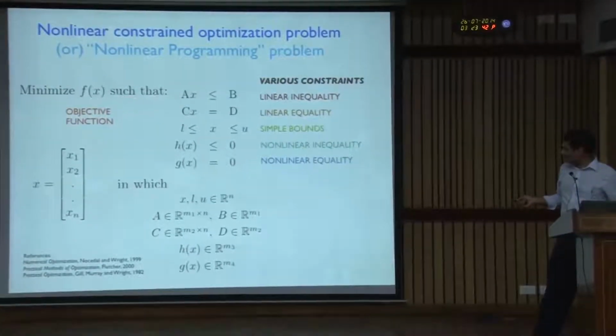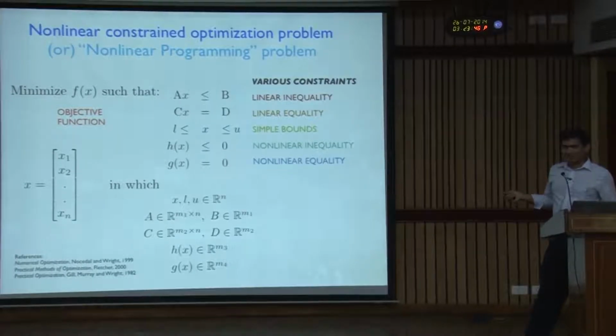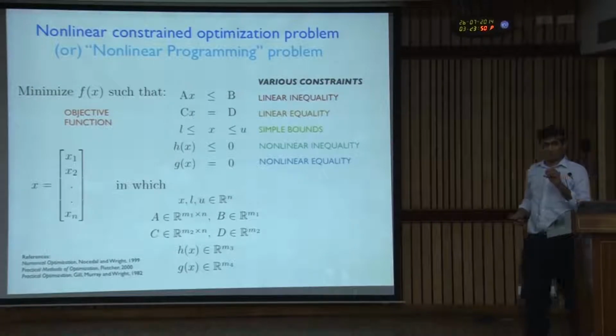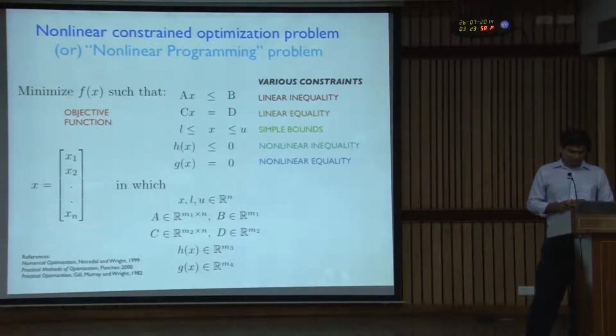It assumes that f and every function that goes into this optimization problem is twice differentiable. In other words, its gradient is continuous and its Hessian is also continuous. Hessian is the second derivative of a multivariate function. Okay. If these conditions are not satisfied, then you cannot trust the results.